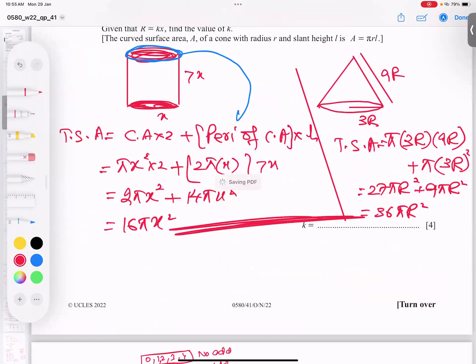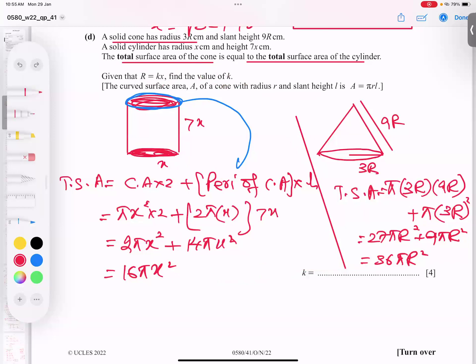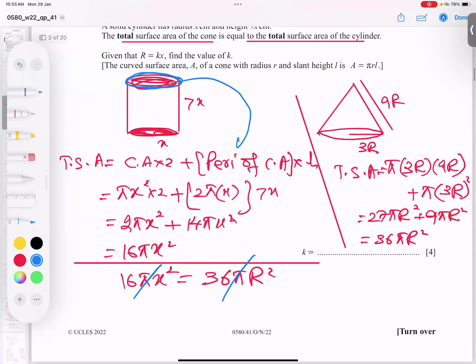And we have to show what? This is given by him: find the k value. Okay, students? So I'm going to put them equal to each other. Have a look. 16 pi x square equals 36 pi r square. Job number 1: can I cancel pi from both sides, students? Yes, I can cancel. And 36 divided by 16 gives 9 by 4. But hold on. He said r equals kx.